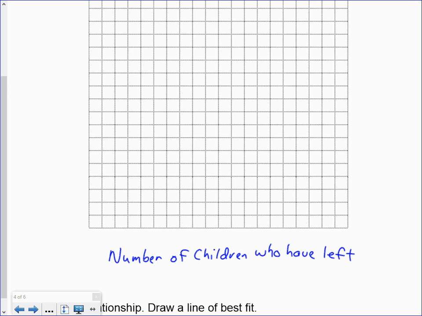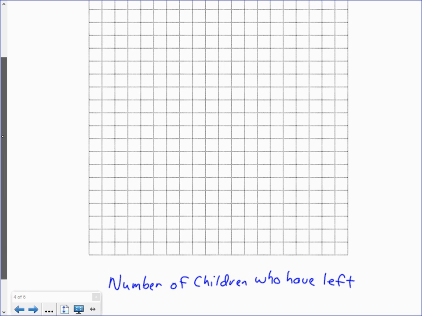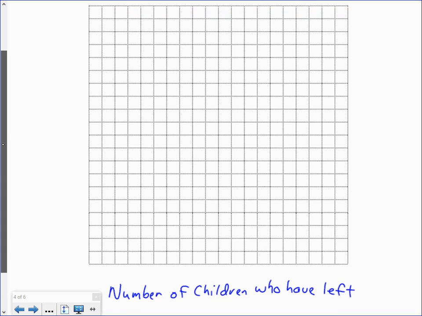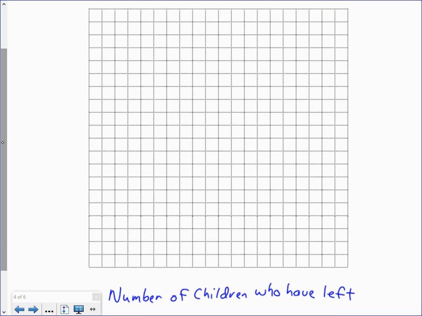My dependent variable goes on the vertical axis, or the y-axis. So over here, we're going to have number of pieces of candy left.